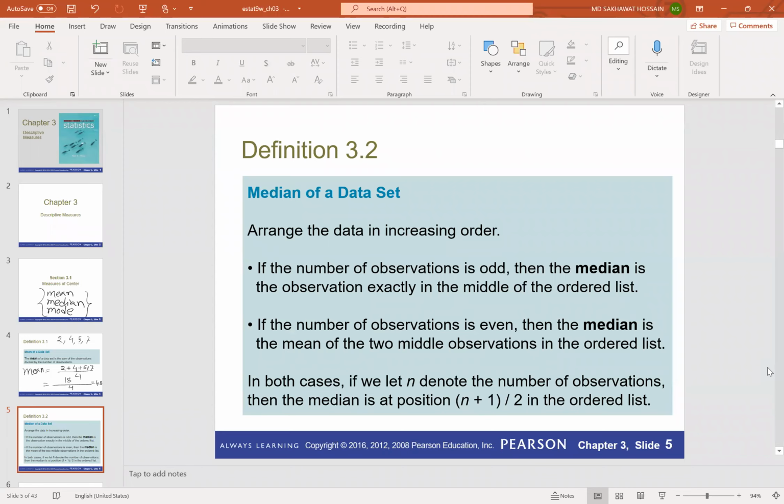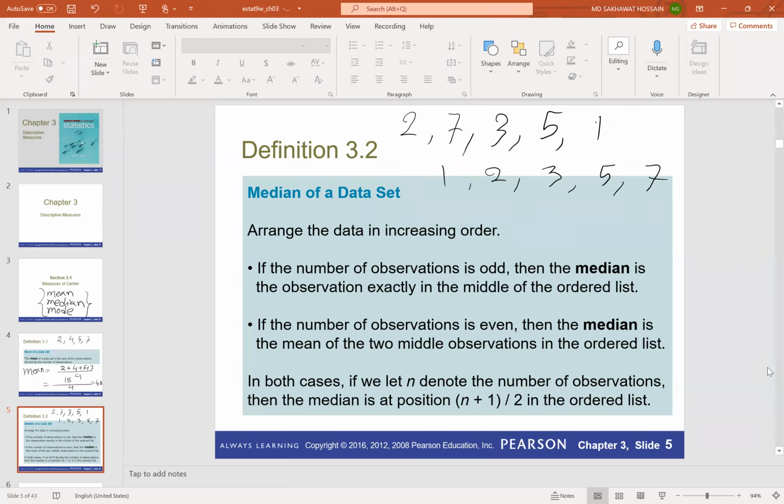For example, if you have a data set like this, 2, 7, 3, 5, 1, the first thing is to arrange the data in increasing order. You can also do it in decreasing order, but usually we arrange them in increasing order. So the arrangement is 1, 2, 3, 5, 7.